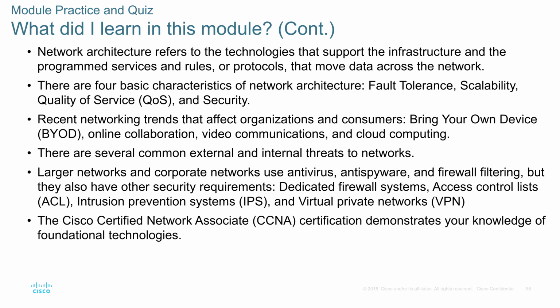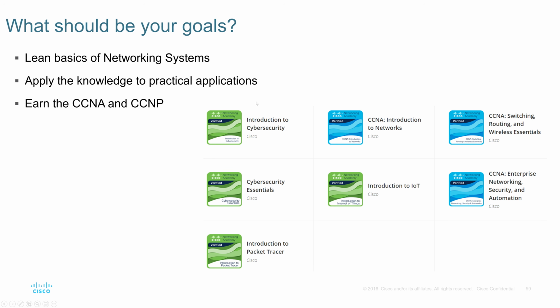The Cisco Certified Network Associate, or CCNA, certification demonstrates your knowledge of foundational technologies. When you obtain CCNA and also CCNP, you get badges like I have here. These are some of the badges that I obtained.